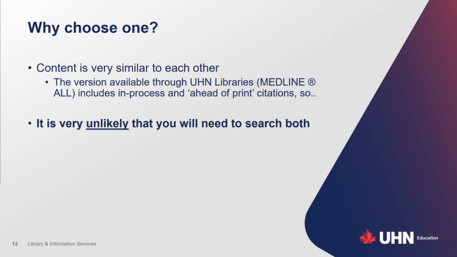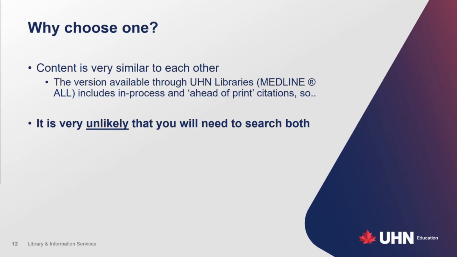Basically, the content is very, very similar to each other. So it's going to be very unlikely that you're going to search both. In addition, the version of Medline available through UHN Libraries is called Medline All. That's the most complete and up-to-date version. It includes in-process and ahead-of-print citations, and also stuff that's in PubMed but not Medline.